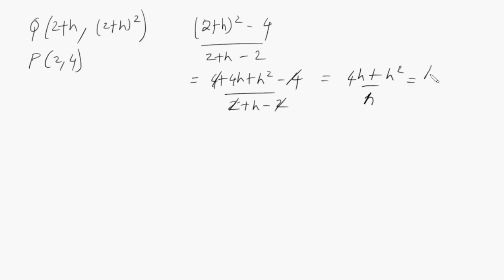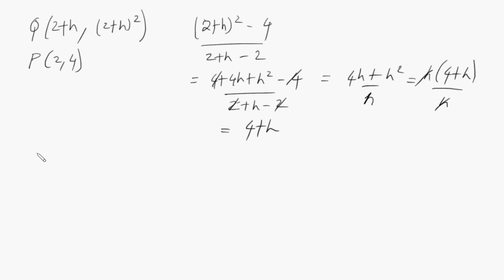So you can take out h, it is just 4 plus h. So the gradient now of the line PQ is going to be equal to 4 plus h. So h represents a change in the value of x as the point moves from P. A change in the value of x is unknown.